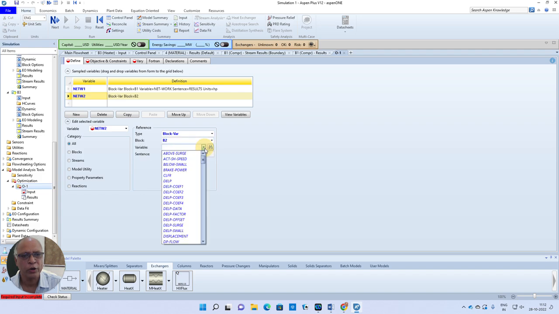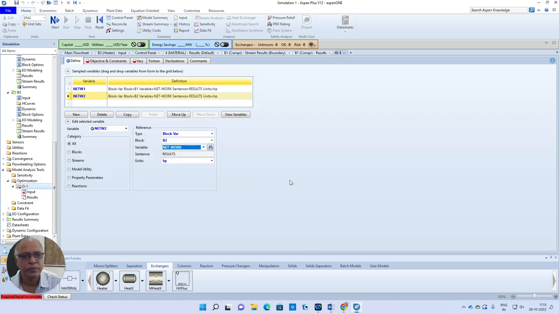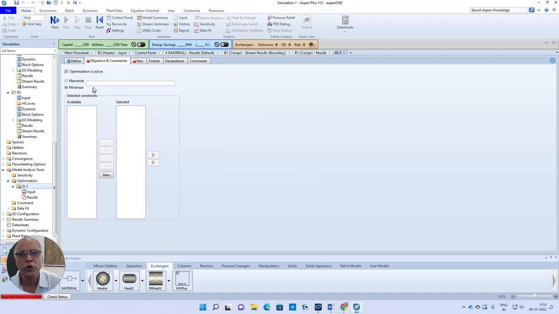B2 variable is network. So let us define our objective function. We need to minimize the sum of the networks.